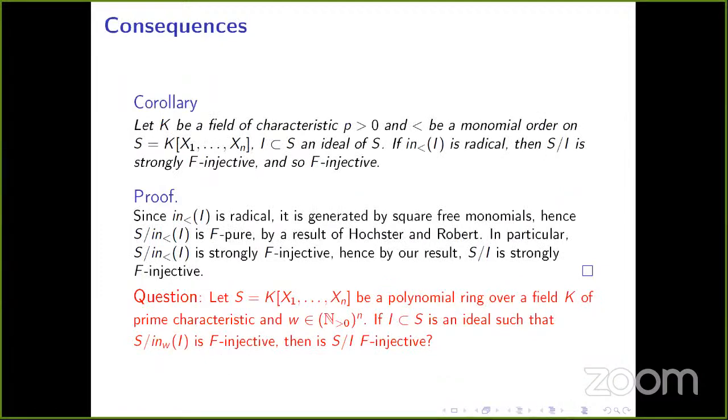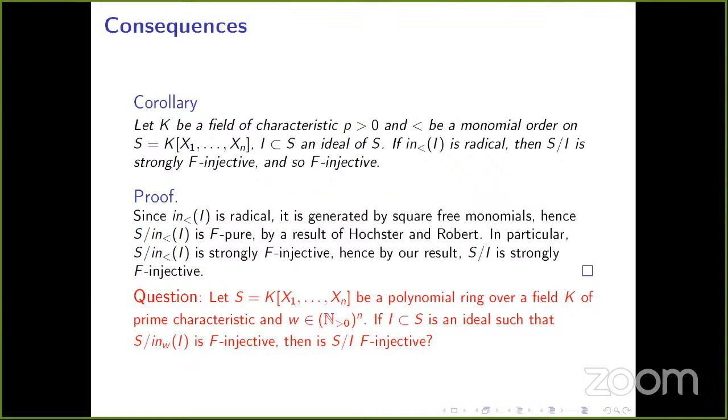The first consequence is this: let K be a field of prime characteristic and let less-than be a monomial order on S, a polynomial ring in n variables. Let I be an ideal such that the initial ideal with respect to the monomial order is radical. Then S mod I is strongly F-injective, and hence F-injective. The proof is easy.